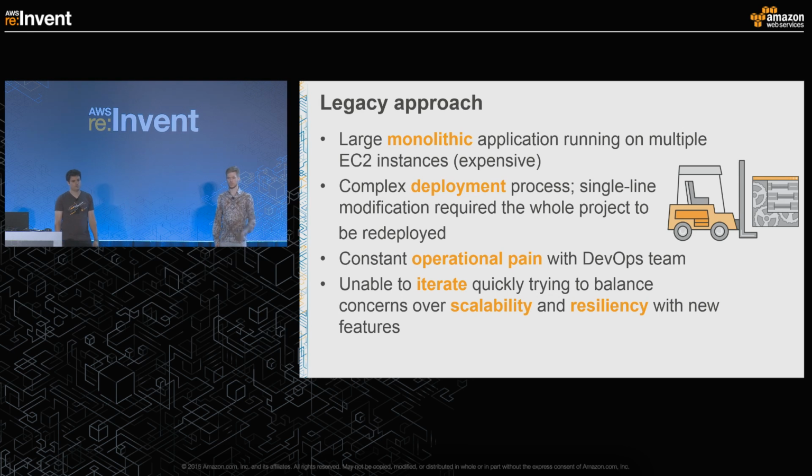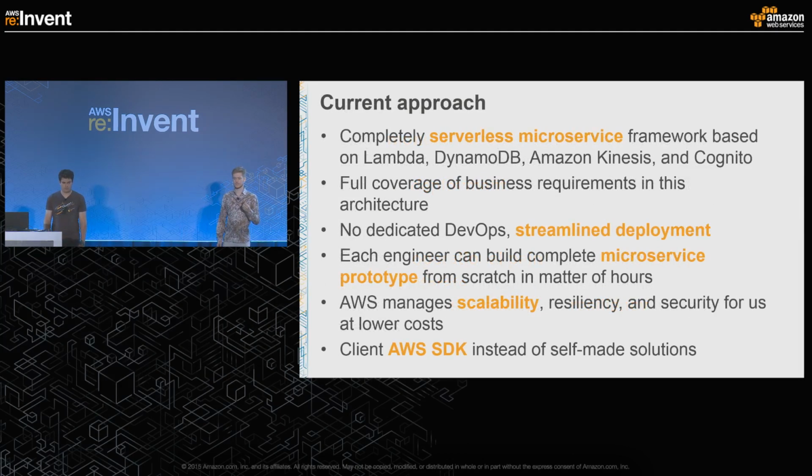And we obviously wanted to avoid all server administration costs and work with managed services only. And after iterative prototyping and research, we came up with a serverless framework for building microservices based on Lambda, DynamoDB, and Kinesis. We call this a framework because the certain way of arranging those services was general enough for us to fit all of the business logic within it.